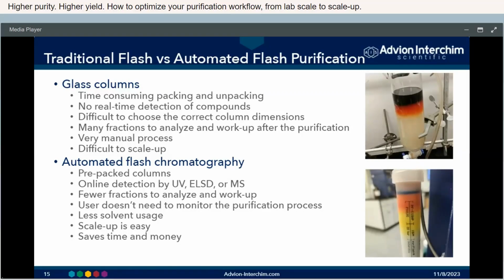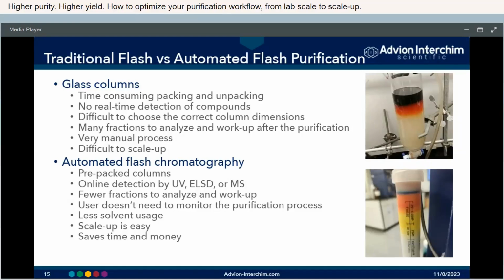If you start at a medicinal chem scale, let's say maybe a 50 milligram reaction, the purification may not be difficult. But when you scale up to a larger process, you often have difficulty in this manual purification scale up. So automated flash chromatography is actually a big advancement for organic chemists because it saves a lot of time and money.